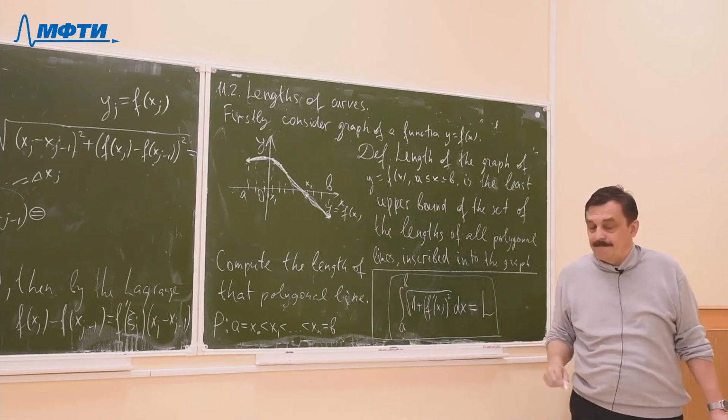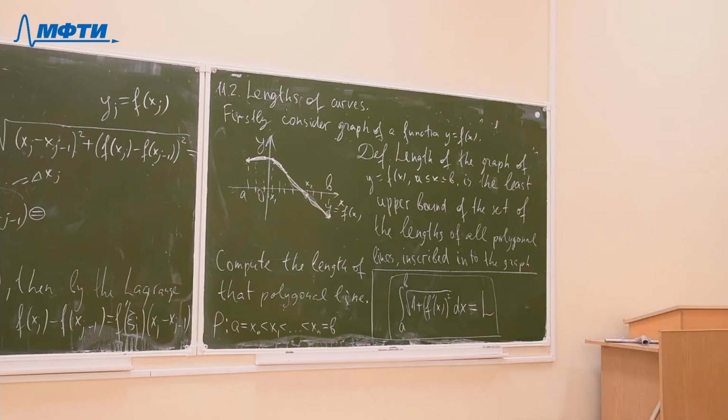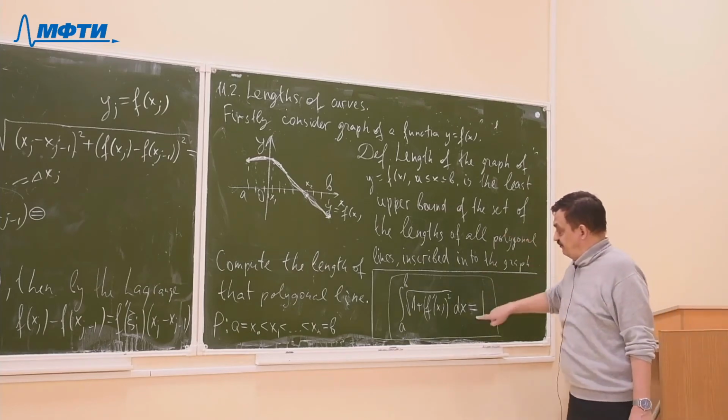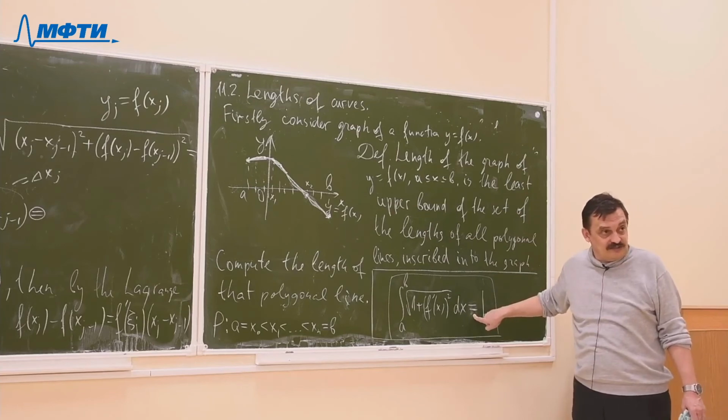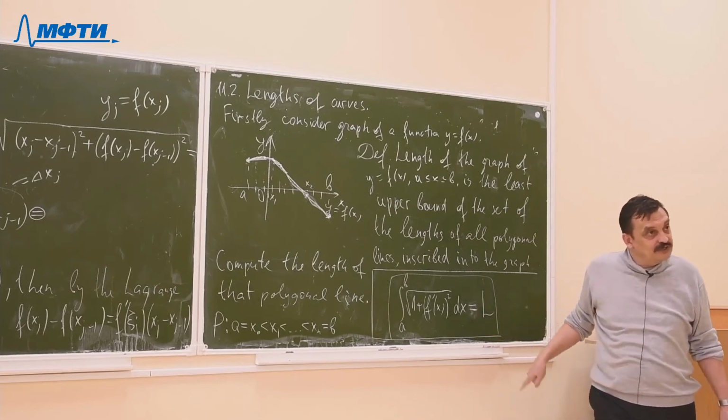and that is the length of the graph with the help of integrals. There is a formula to compute the length of a graph. Of course, you can ask why equality here. We didn't prove it, right?